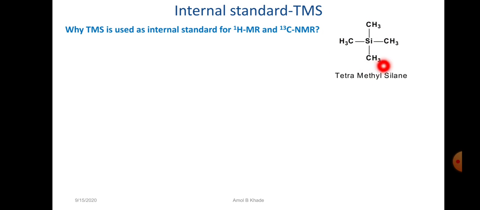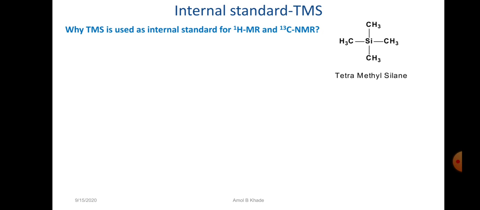This is the structure of TMS, where we have a silane at the center, which is highly electropositive, and to this silane we have 4 methyl groups. Because of the 4 methyl groups, it is called tetra, with a methyl group attached, and at the center a silane, so it is tetramethylsilane.